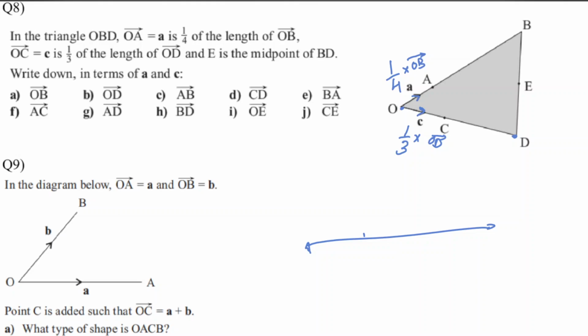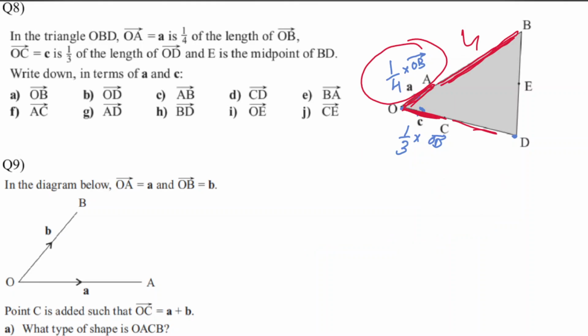So in the same way, the question says 1 out of 4 is this one, this is 3 out of 4, and the total length is 4. Same way, 1 out of 3 is here, 1 by 3, and this will be 2 by 3, and the total length will be 3. Correct?